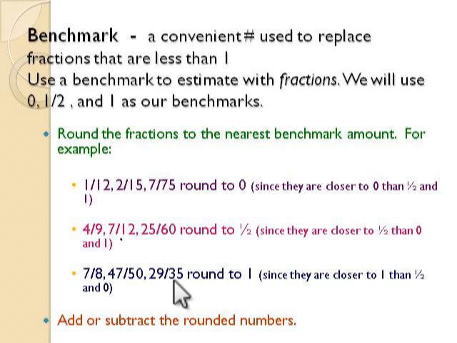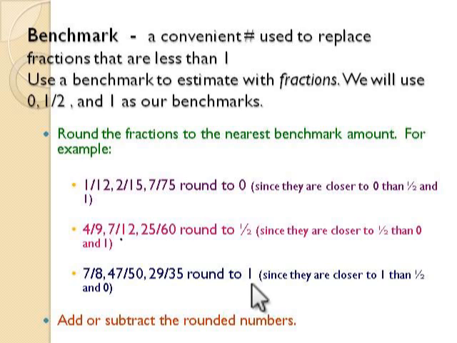Half of 35 is 17.5. So you have to think about how far away is 29 from 35 and how far away is 29 from 17.5. It's farther from 17.5 and closer to 35, which is why it would round up to 1.